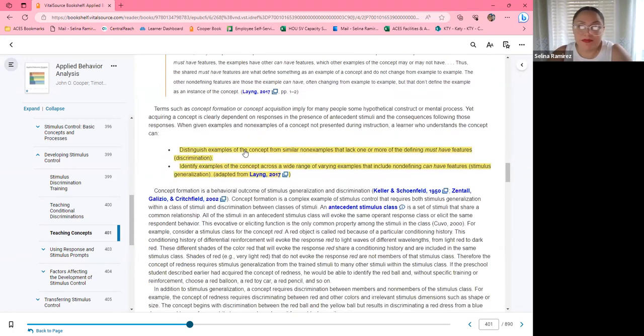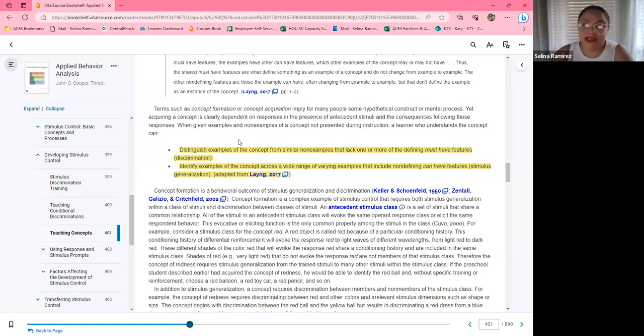So distinguish examples of the concept from similar non-examples that lack one or more of the defining must-have features is going to be discrimination. Oh, these seem important because somebody highlighted them. So I'll say it again.